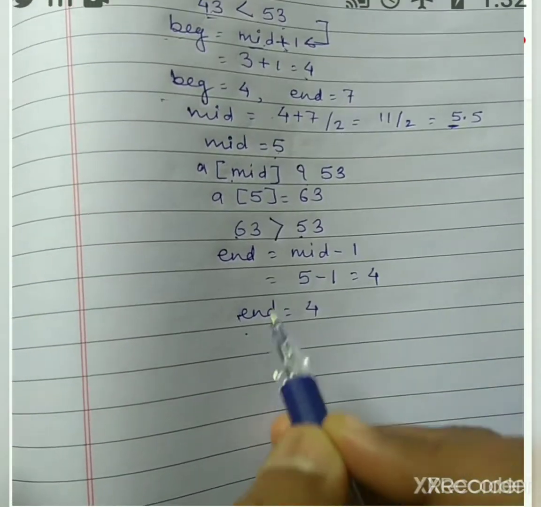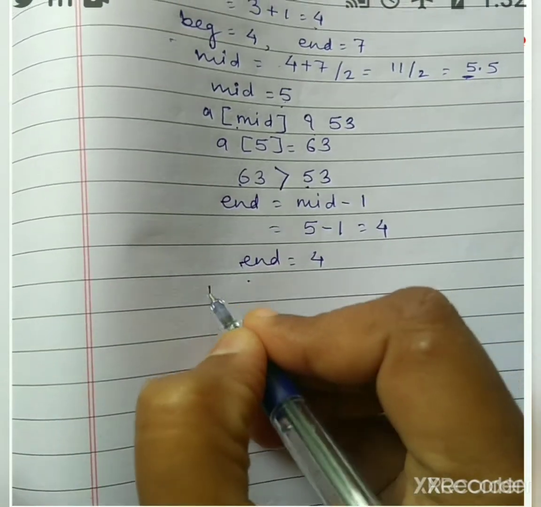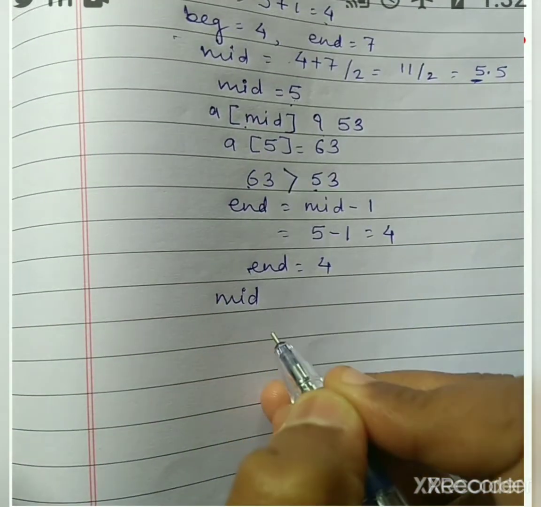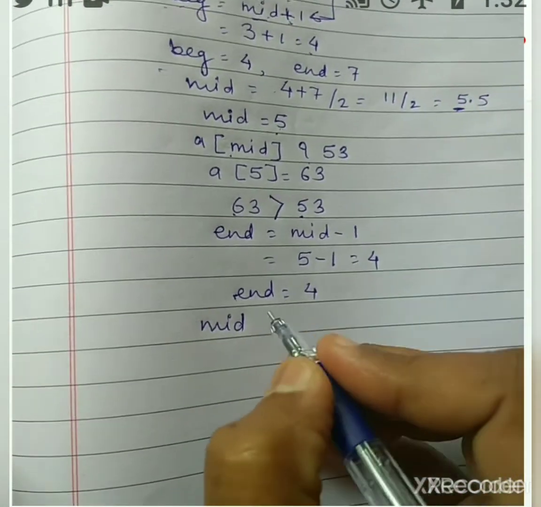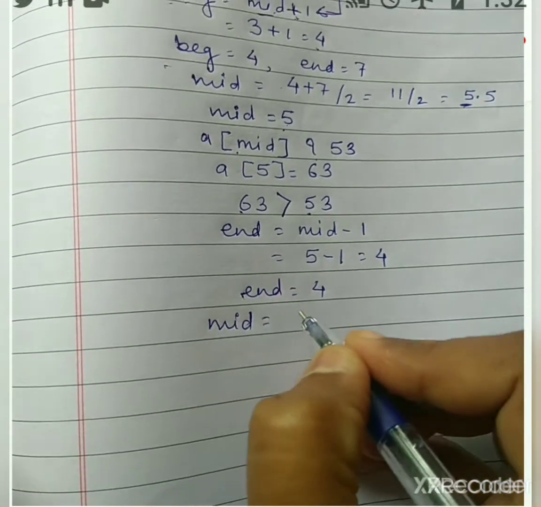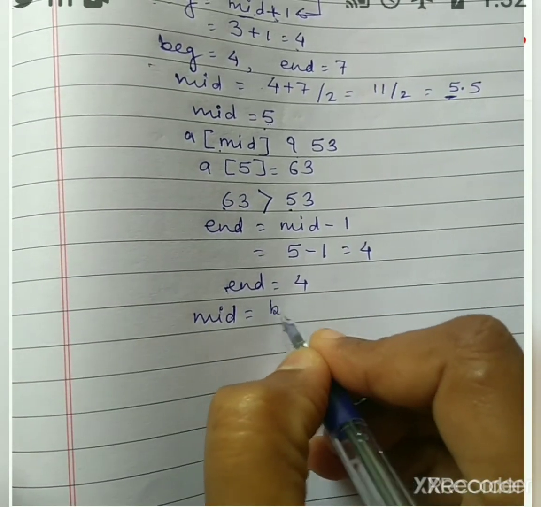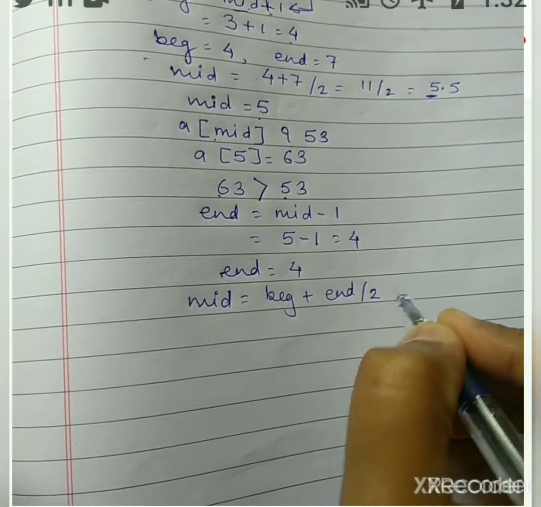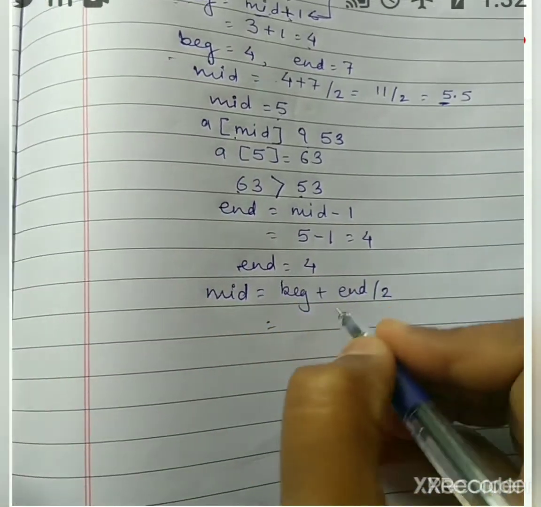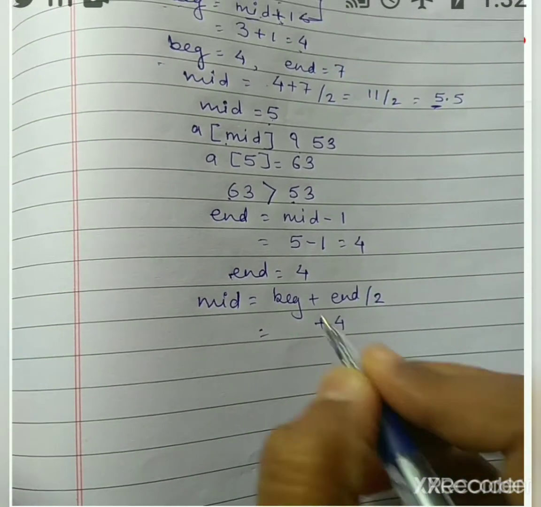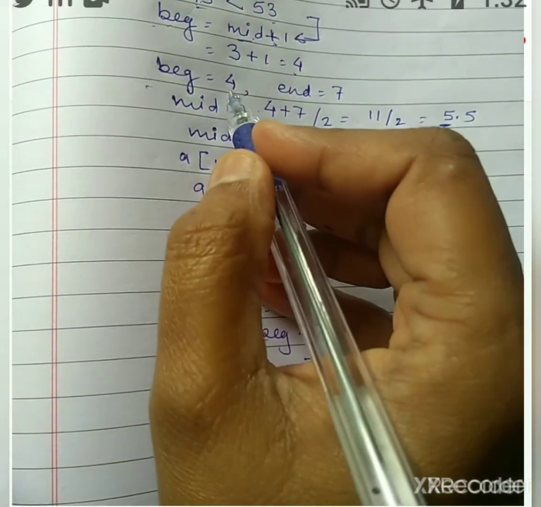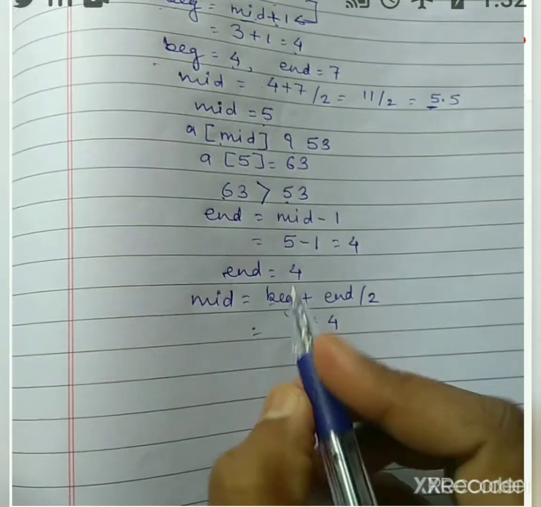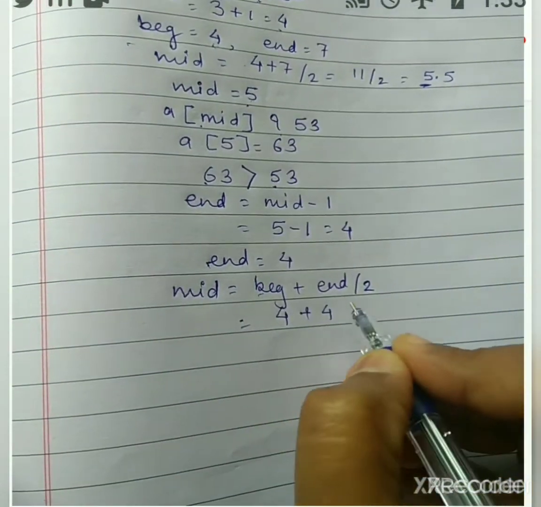The same formula: beginning plus end divided by 2, taking the latest beginning and end. End is 4 and beginning is 4, as calculated earlier. So 4 plus 4 divided by 2 is the new mid, and the answer is 4.